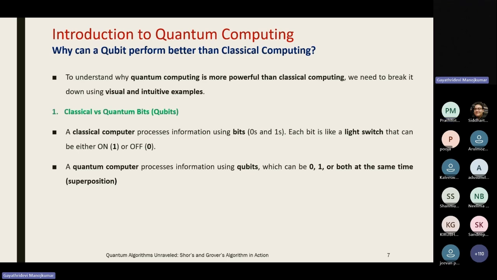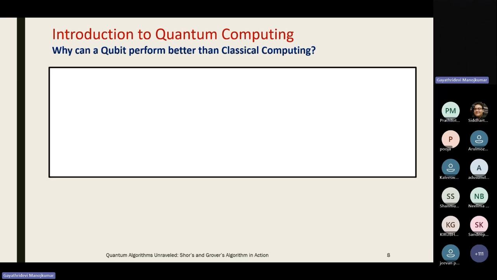For example, each bit is like a light switch: either it resides at 0 or it resides at 1. But the power of quantum computing relies on superposition, where it can be 0, 1, and both at the same time. That is known as superposition.